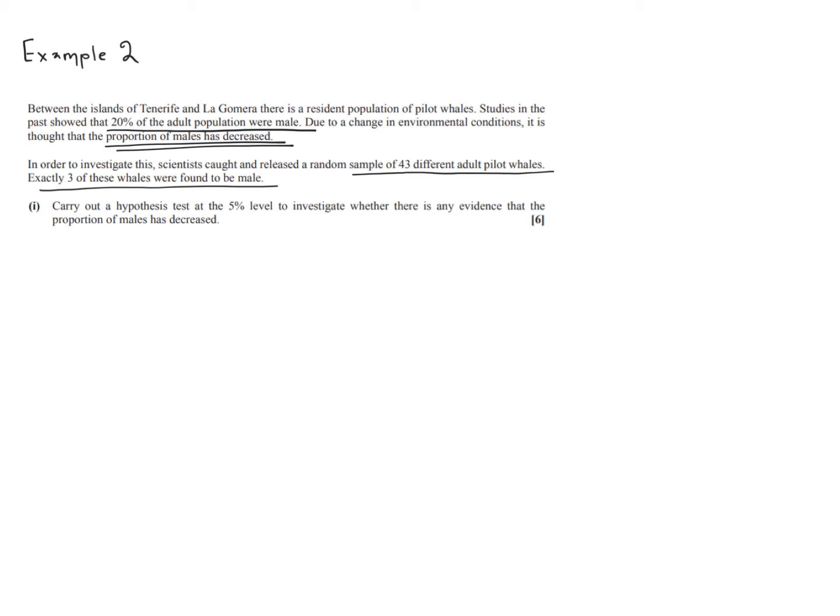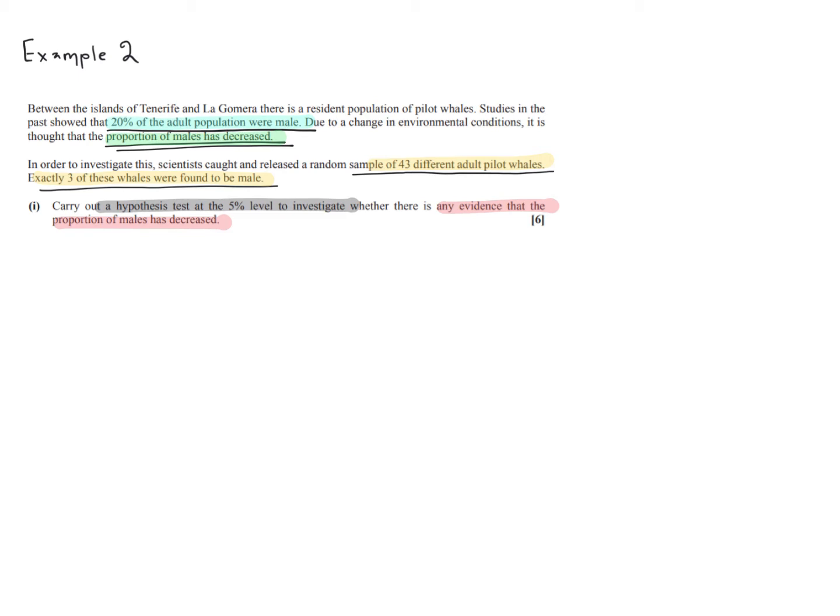So all of the information that I've underlined here is going to be crucial in answering this question. There'll always be key pieces of information that we need to make sure we're aware of in a question. Carry out a hypothesis test at the 5% level to investigate whether there is evidence that the proportion of males has decreased.